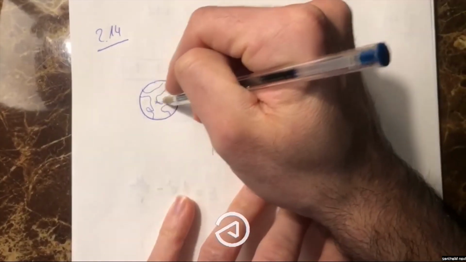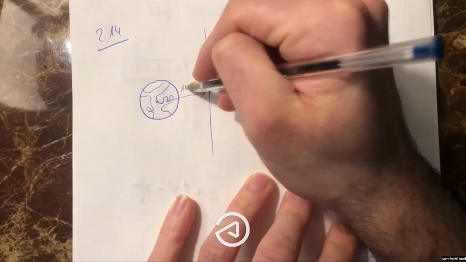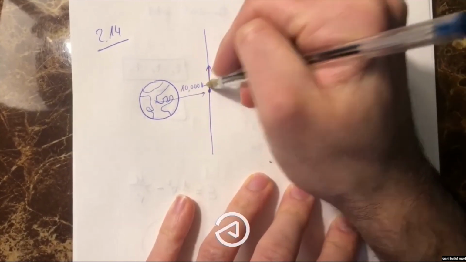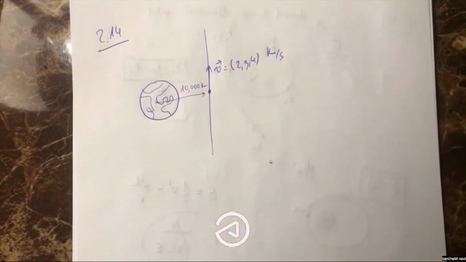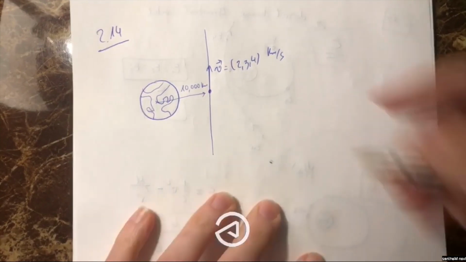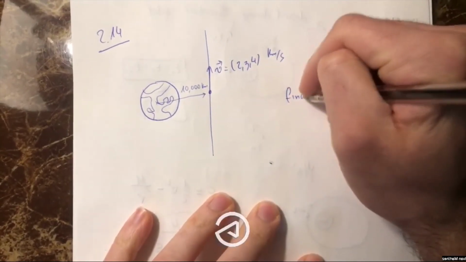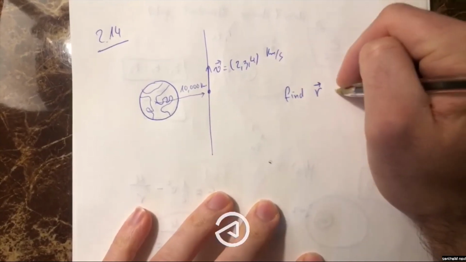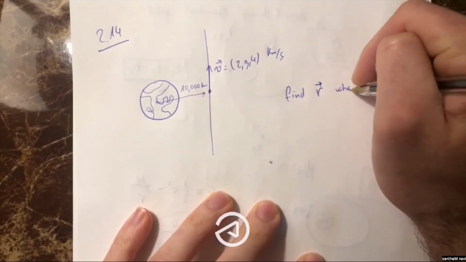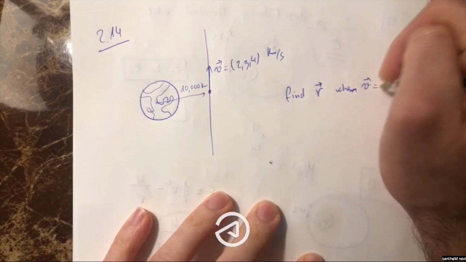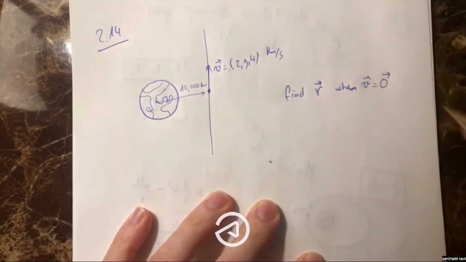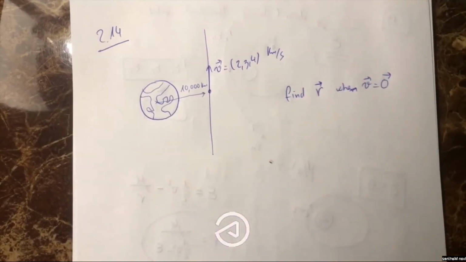And then the distance is 10,000 kilometers. And then we need to find our vector r when v equals the 0 vector.